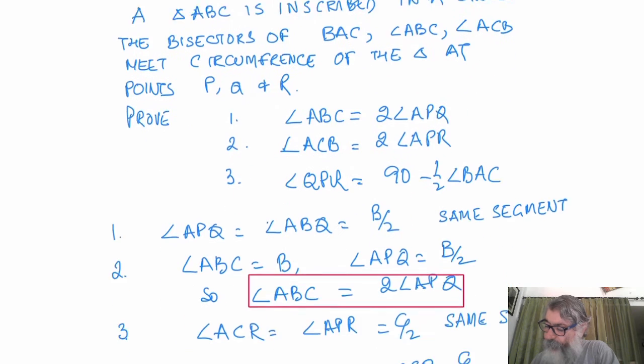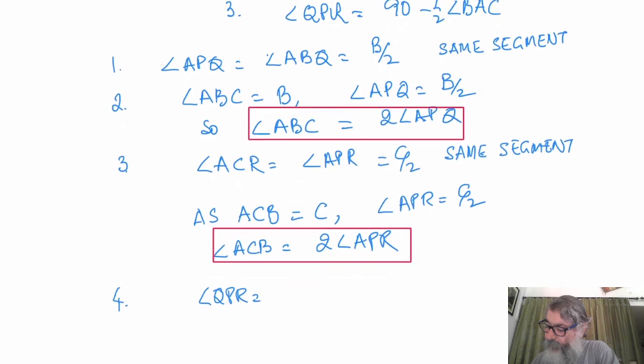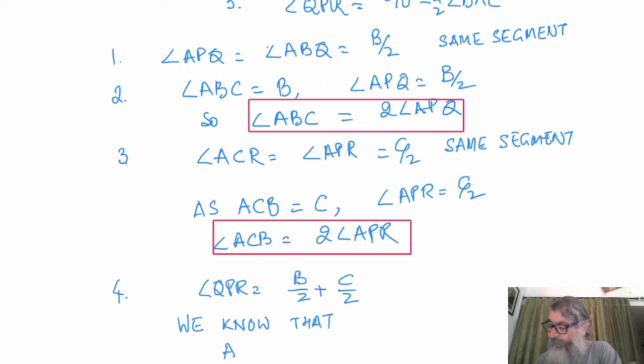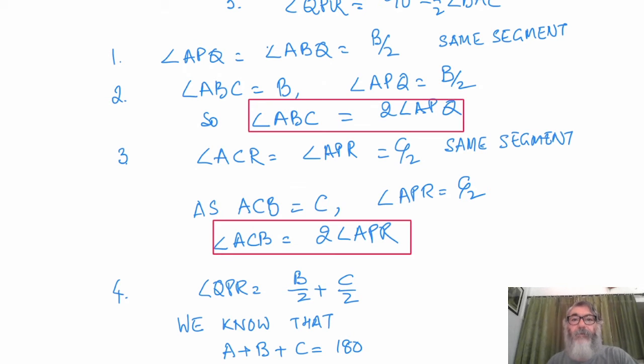We know that A plus B plus C is 180 degrees. The sum of the angles of a triangle is always going to be equal to 180 degrees.